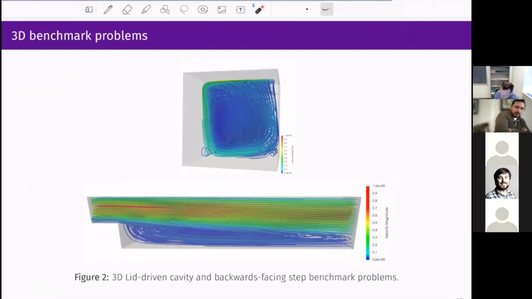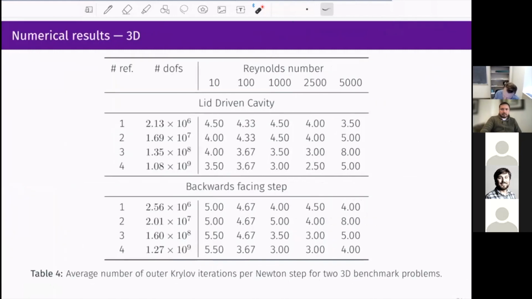It's essentially just an extruded version of this cavity and the backwards facing step. It just looks a bit more exciting. And we haven't been able to push the preconditioner all the way to 10,000, but up to 5,000, we see essentially robust iteration counts. So we go from 3.5 to 5 here, or from 3 to 6, 4. So again, essentially constant iteration count.